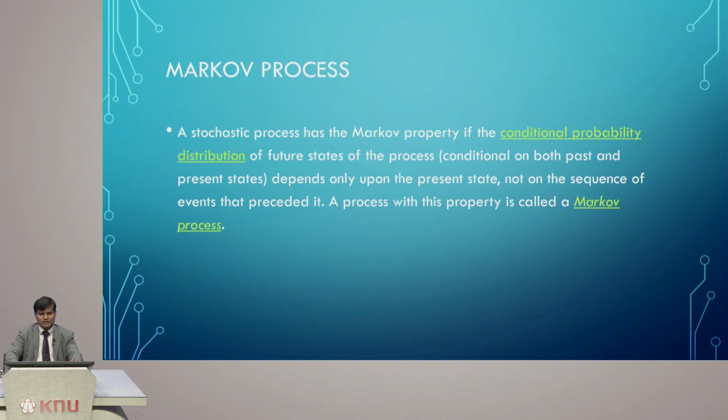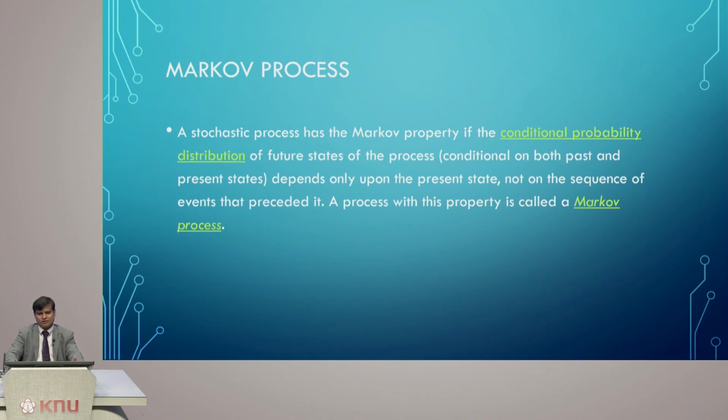Generally speaking, this is the exact overview or definition that we have seen with regards to the Markov process. So a Markov process is a stochastic process that has the Markov property: the conditional probability distribution of future states of the process, conditional on both past and present states, depends only upon the present state, not on the sequence of events that preceded it.